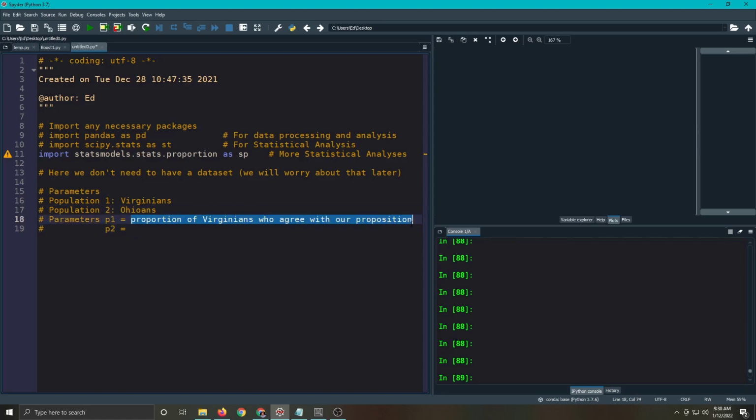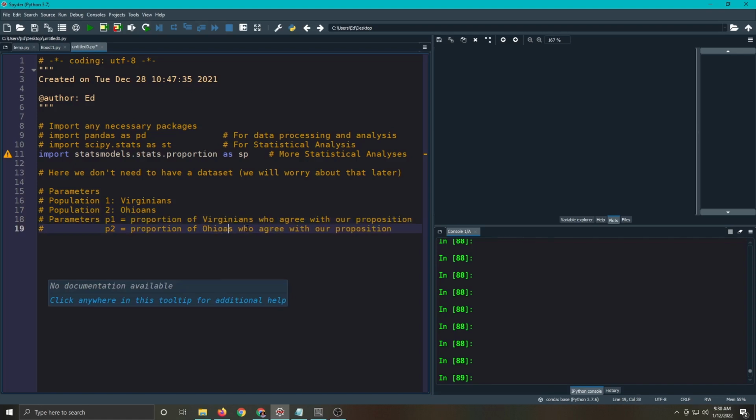If you're not in the U.S., these happen to be two U.S. states. So, Ohioans who agree with our proposition.